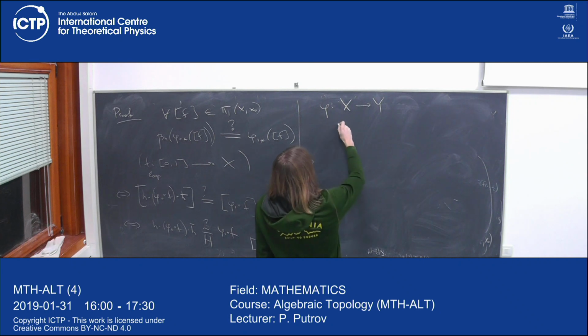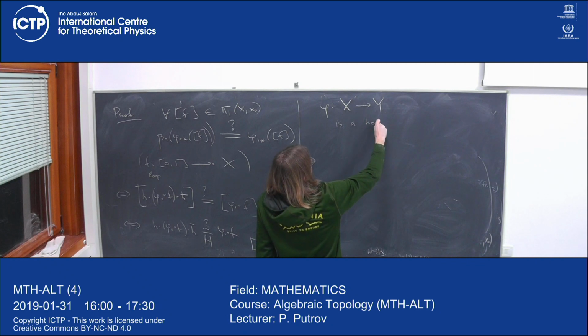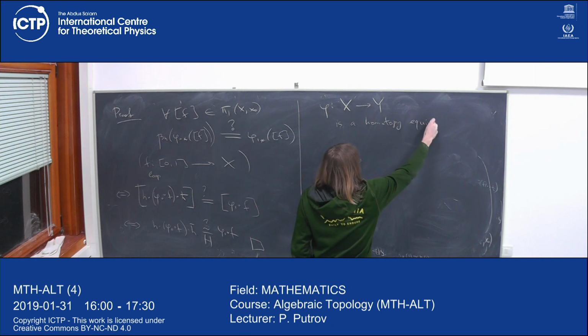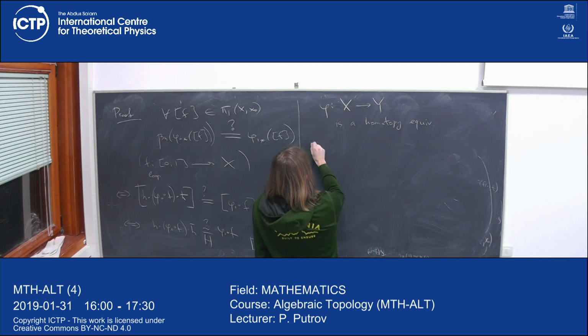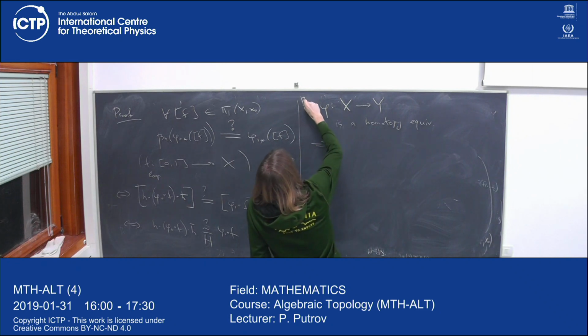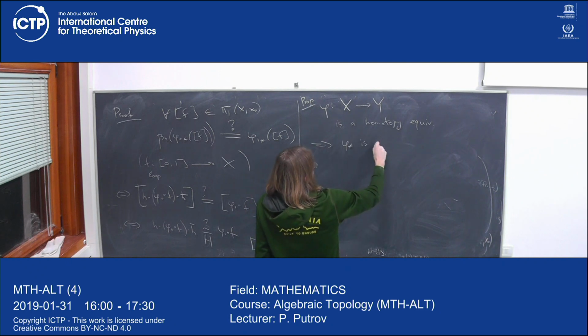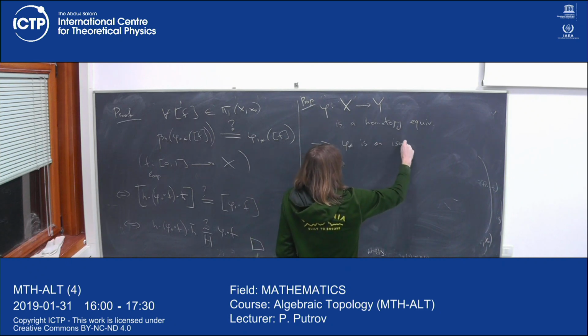Suppose a map phi from X to Y is a homotopy equivalence, then phi star is an isomorphism.